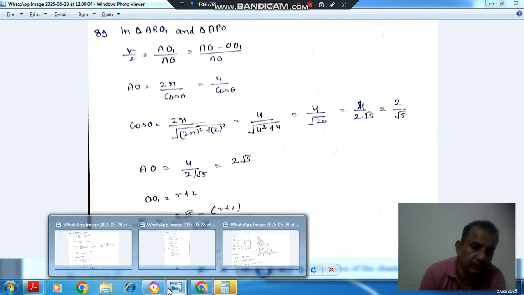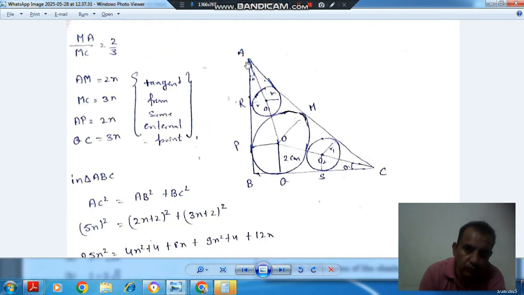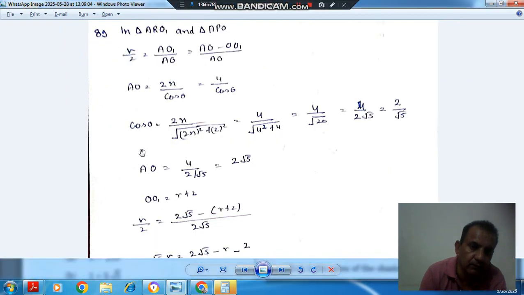This side is 2x and this is the hypotenuse. So 2x by hypotenuse will be cos theta, and the hypotenuse is the square root of 2x whole square plus 2 square, so cos theta will be 2x by root of 2x whole square plus 2 square. With x as 2, solving this we get cos theta as 2 by root 5.